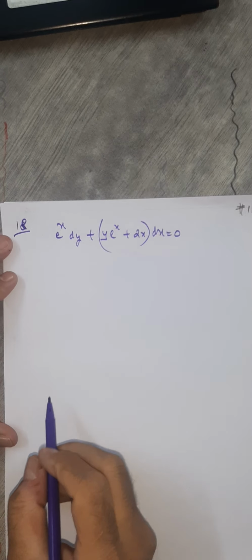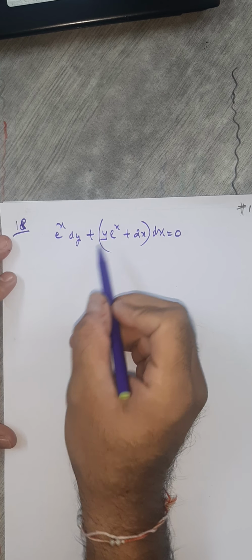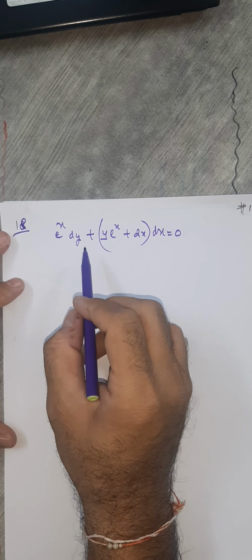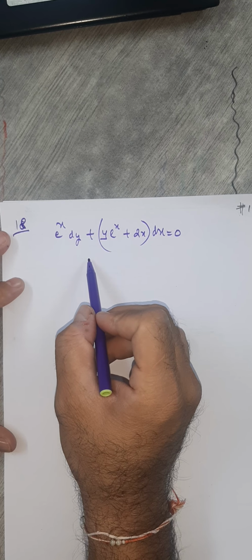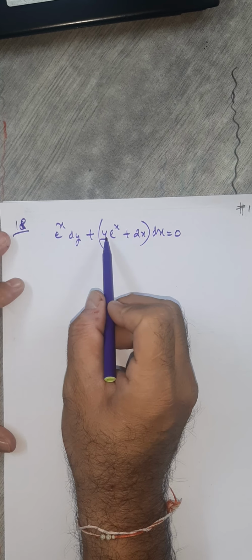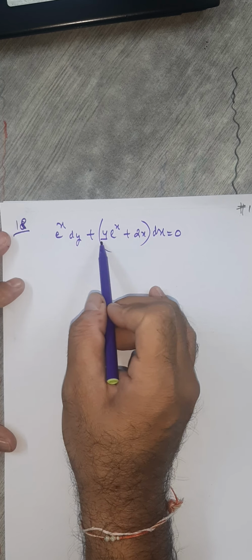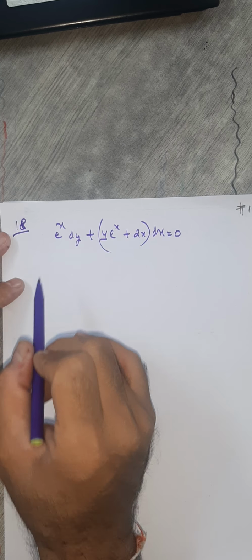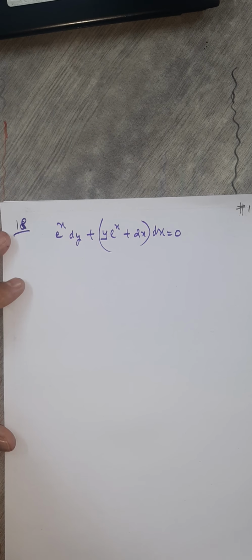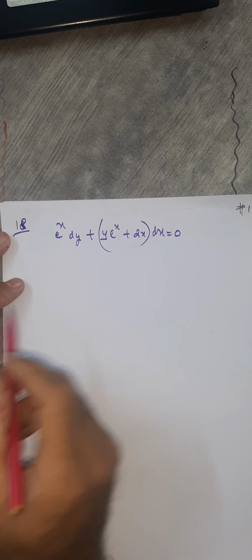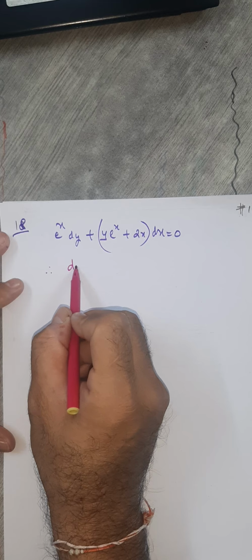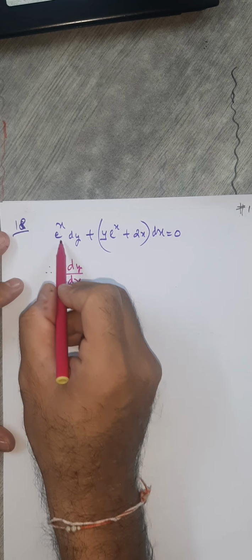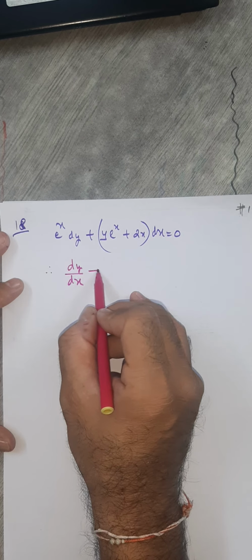Question number 18, last MCQ. How will you solve the differential equation? See, it's not homogeneous because everywhere the degree you are not getting the same. You cannot separate the variables also because here you have mixed variables, so it cannot be done by variable separable form. So the last option is now what? Linear differential equation. So what I'll do, I'll get that form. I'll divide by dx with this e raised to x.